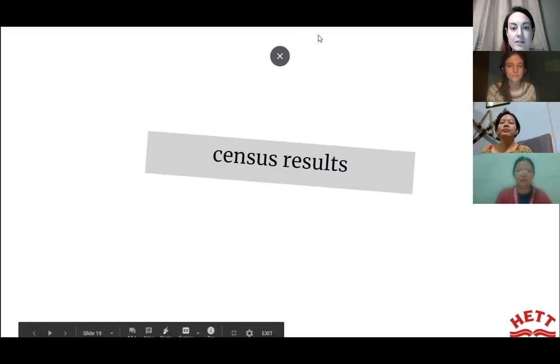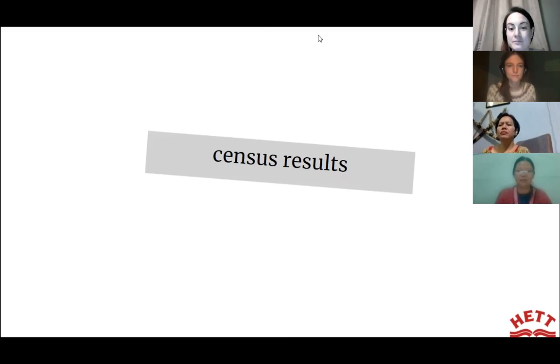Okay. Census results. Is this an example of a primary source or not?